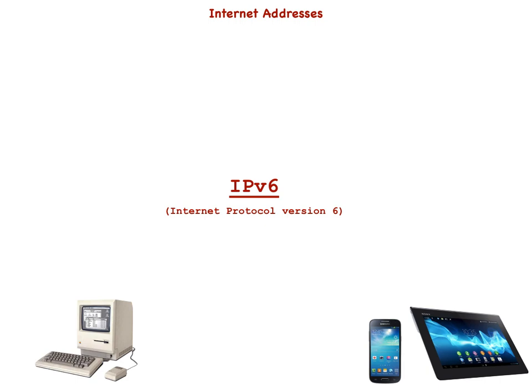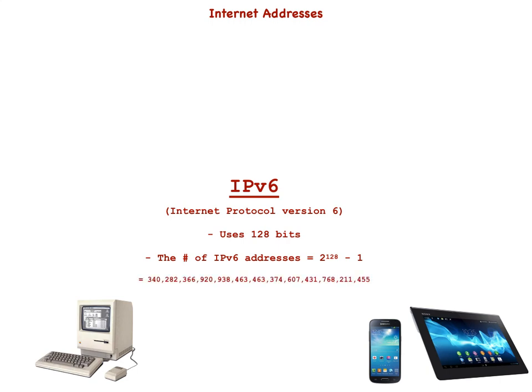This version of IP addresses uses 128 bits, thus meaning that the number of different IPv6 addresses equals 2 raised to the 128th power minus 1, which equals this long, ridiculous number. And as it currently stands, we have not yet come close to using up all of these addresses.